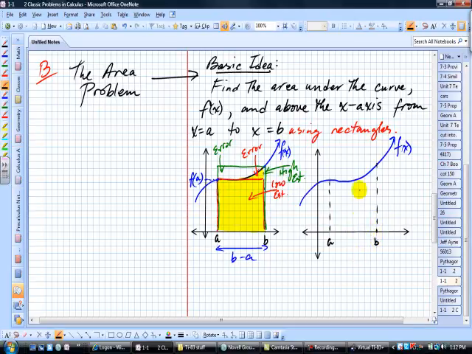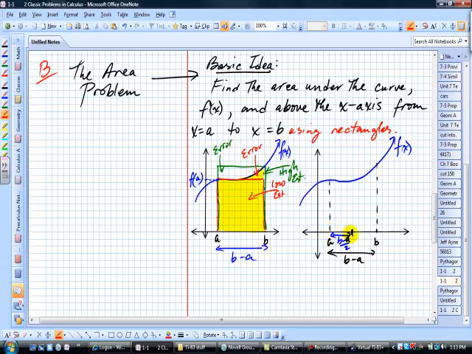Now if I use two rectangles, I'm going to divide the distance into two equal parts. So I take this distance, b minus a, the length of the interval, and I want to take half of that. So the width of the rectangle from here to here should be b minus a divided by 2. If I approximate the area with two rectangles, coming from the left, I would start on the left side of the subinterval.